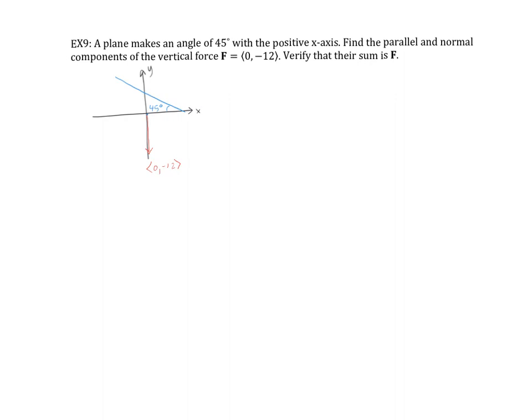And then I can move that inclined plane, because again, this is going to be a parallel vector, right? And have this angle of 45 degrees. And then I'll have some normal vector that I need to figure out. This is kind of what our diagram looks like, and this would be our projection.